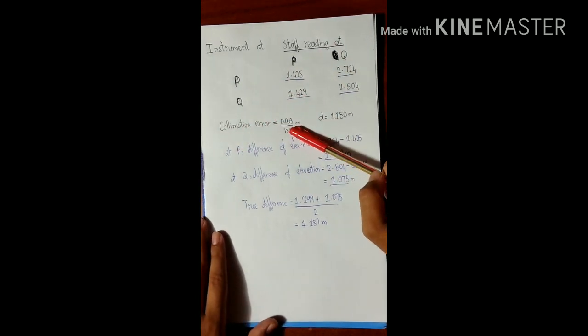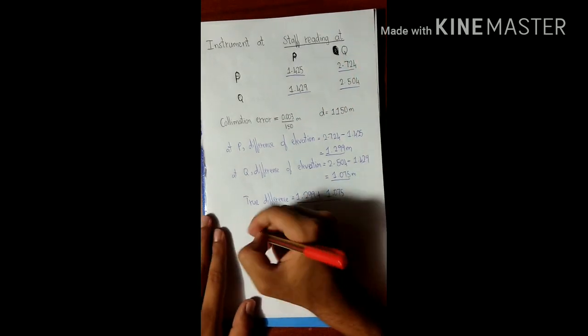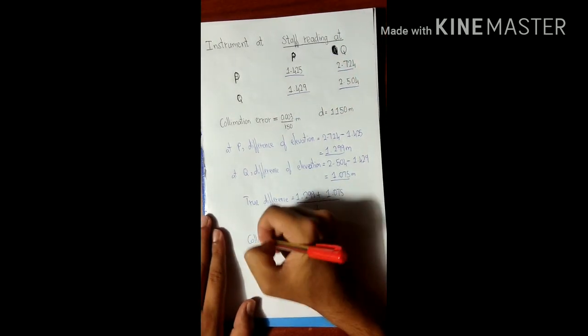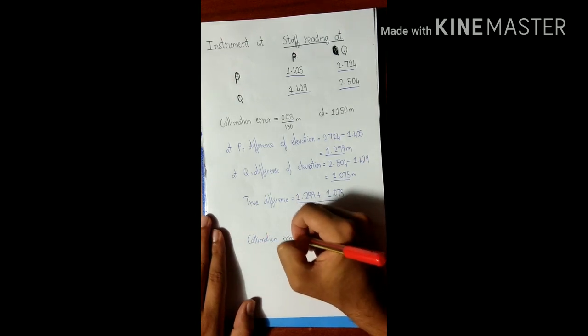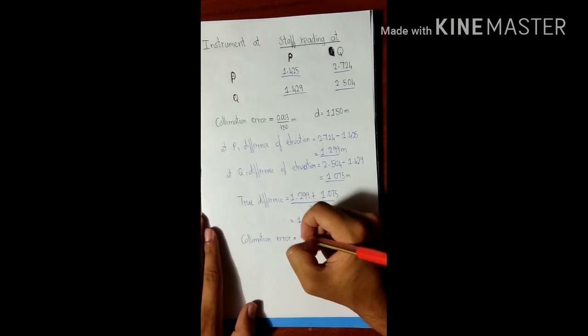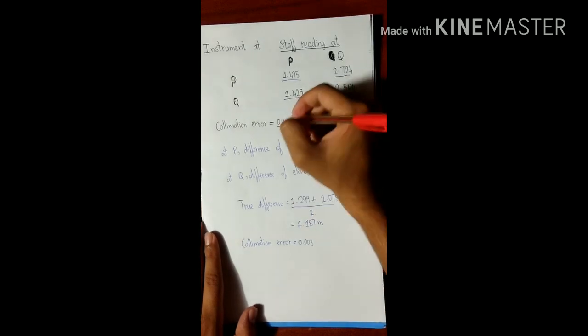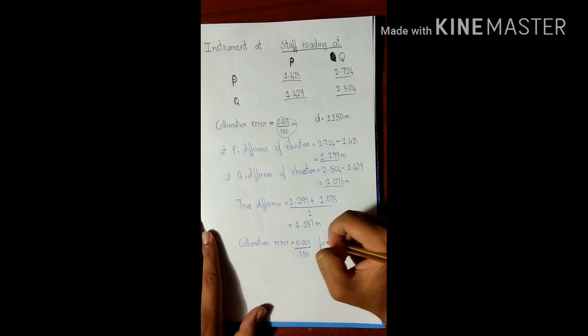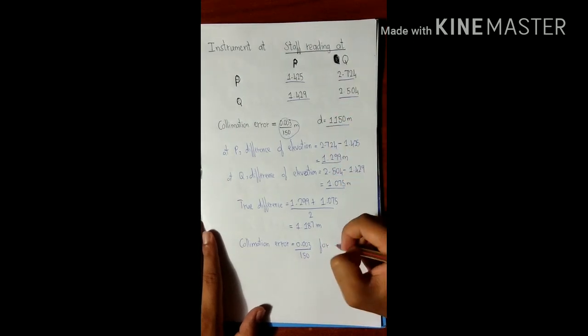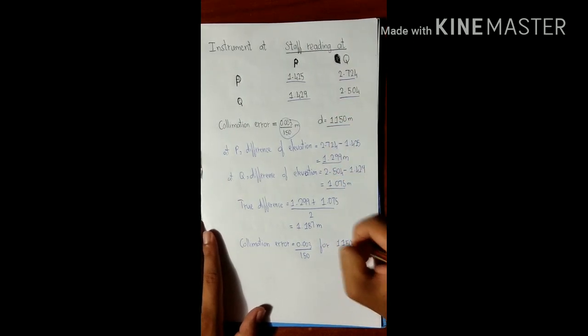Now, in the question, the collimation error is given. We have to find the refraction error. So the collimation error is equal to 0.003, as given in the question, divided by 150, times D, which is 1150 meters.